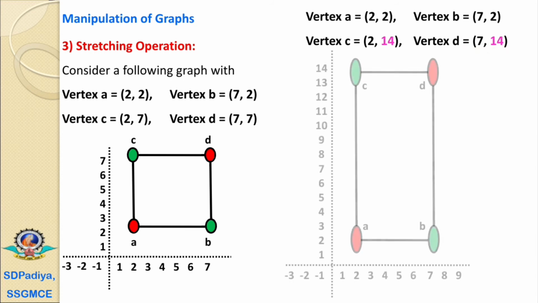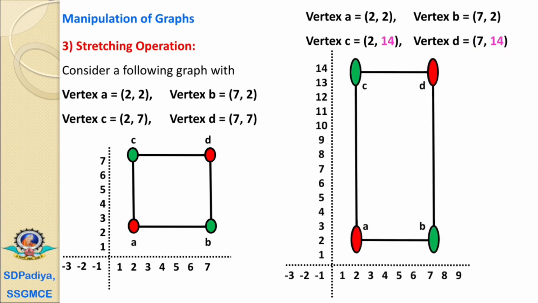If we plot the graph for that, then we'll get the stretched graph with these four coordinates. A and B are as they are, and for C and D, the distance between A and C, that was 5, is now 12.